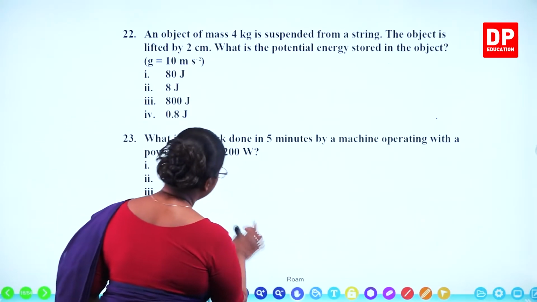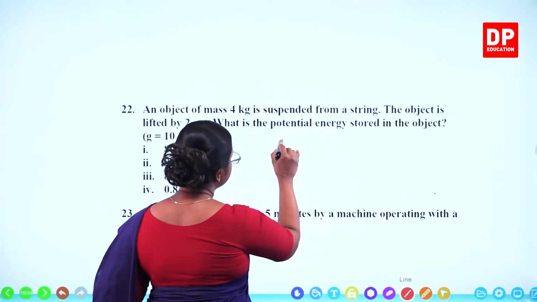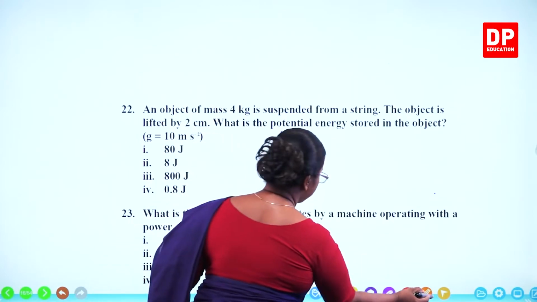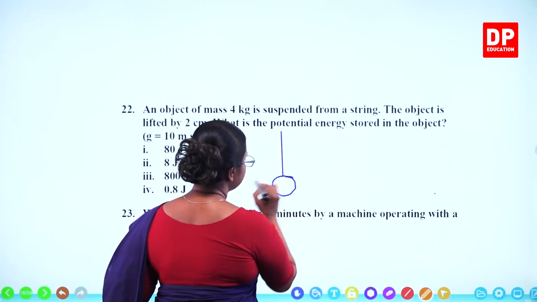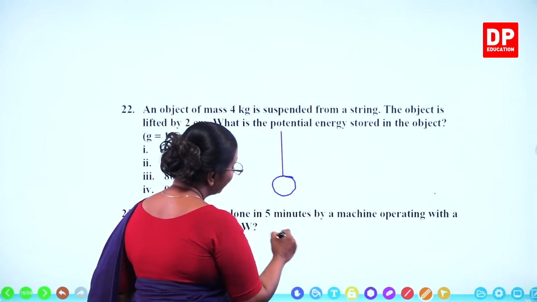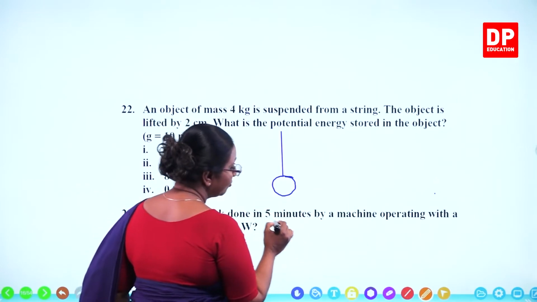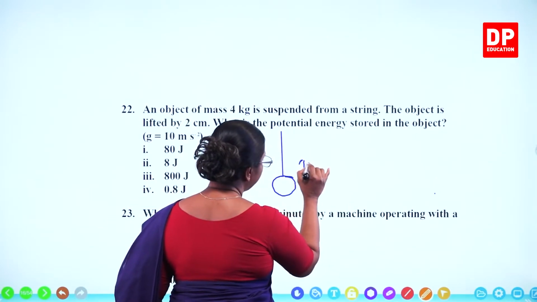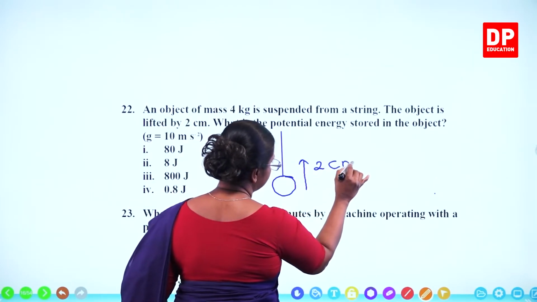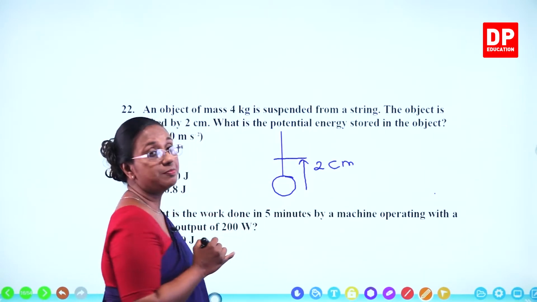So then if we represent that diagrammatically, now there is an object hanging from a string. So let's say this is the object hanging from the string. So there is the weight acting downwards due to the gravity. But what they do is they lift the object up by 2 centimeters. So from this position, the object comes to a different position.